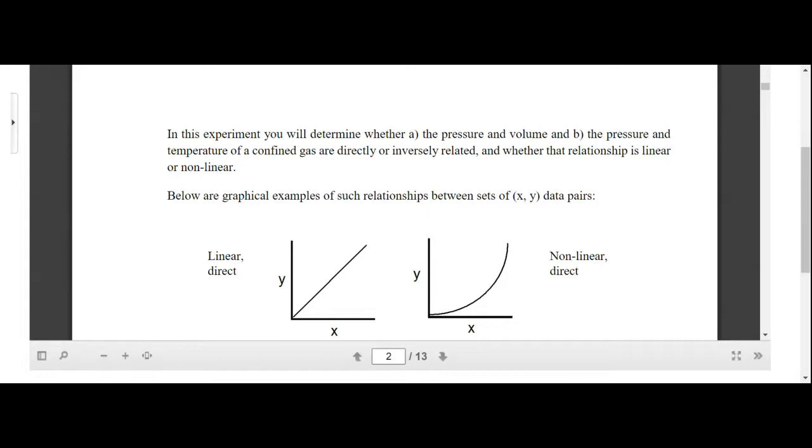If the area or the volume is decreased, pressure is also going to increase, because you're not changing the force, but you are changing the volume. The lower the volume, the higher the pressure, because the force did not change.